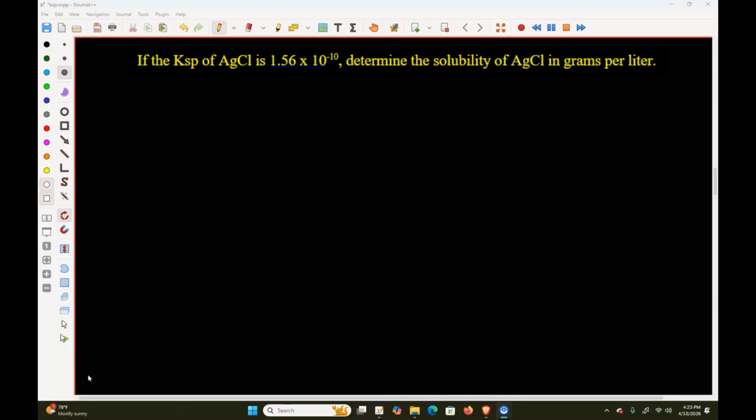So in problem 4, if the Ksp of silver chloride is 1.56 times 10 to the negative 10, determine the solubility of silver chloride in grams per liter. So Ksp is going to equal the concentration of silver ions times the concentration of chloride ions.